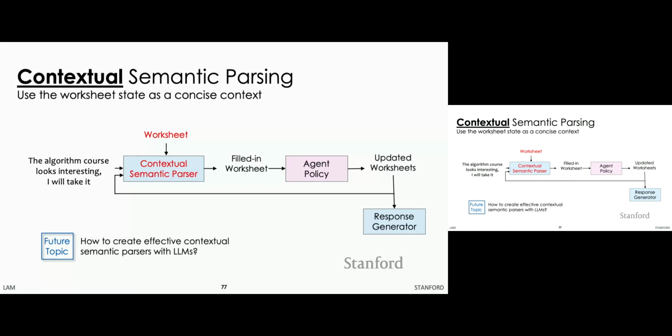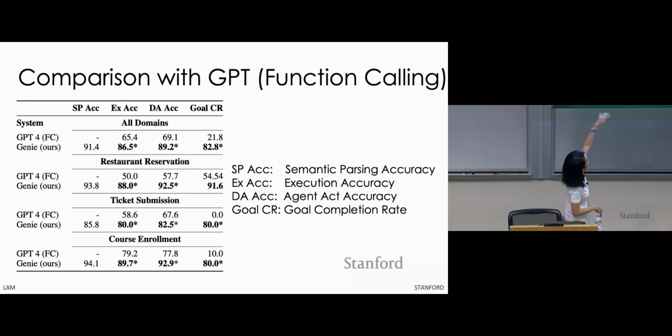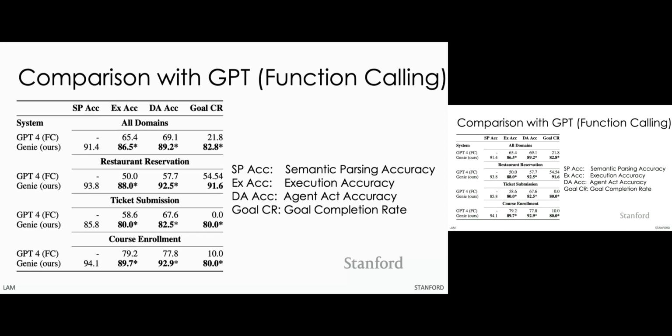We'll get into how we build things later, and I just want to show you a quick result. This is comparing it with function calling. There was a question about function calling earlier, and as you can see here, we go into the details later, but the accuracy and the completion of the goal is all above 80%, which is much better than, for example, what GPT can do.